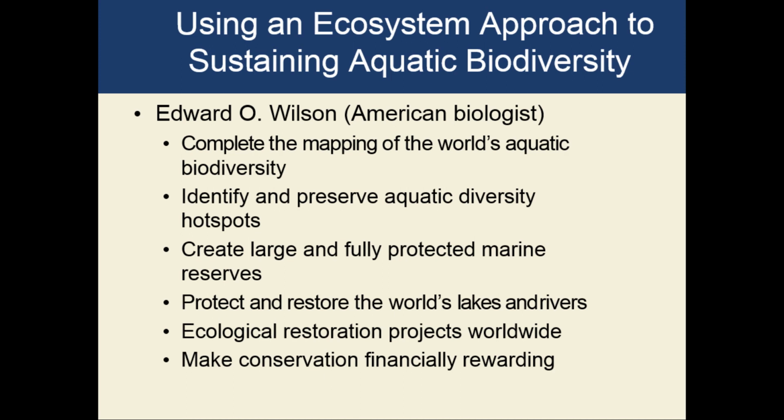Using an ecosystem approach to sustaining aquatic biodiversity, Edward O. Wilson, an American biologist, suggests that we complete the mapping of the world's aquatic biodiversity, identify and preserve aquatic diversity hotspots, create large and fully protected marine reserves, protect and restore the world's lakes and rivers, carry out ecological restoration projects worldwide, and make conservation financially rewarding.